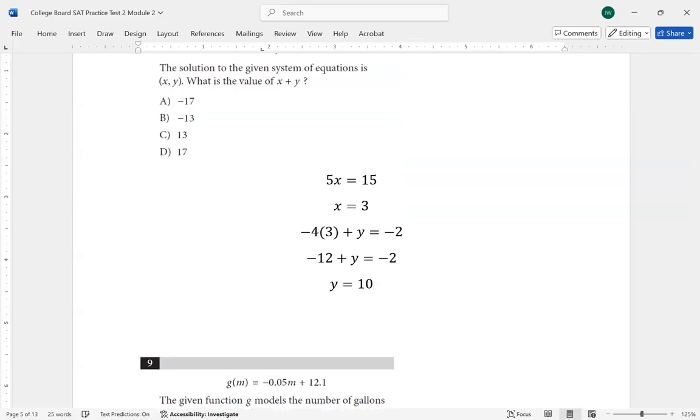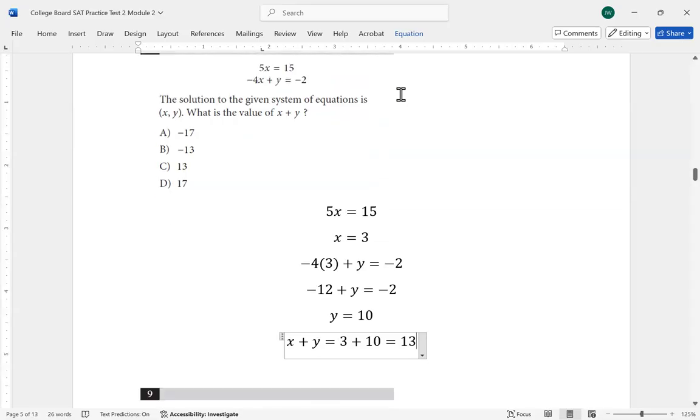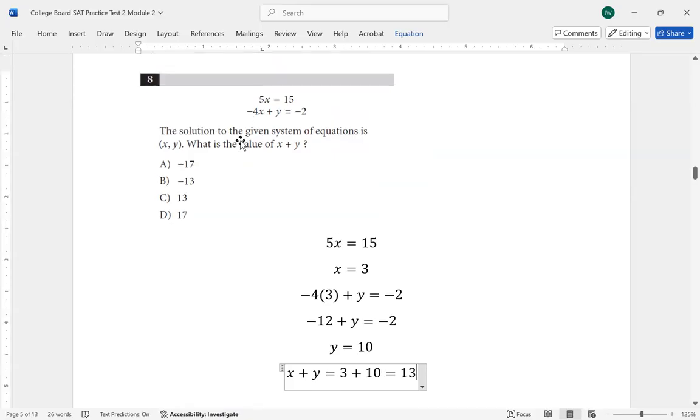So now that we know that x is 3 and y is 10, the question is asking, what is the value of x plus y? Well, x plus y has to be 3 plus 10, which is 13. So the answer to question number 8 is 13, which is option C. So C, 13 is the correct answer.